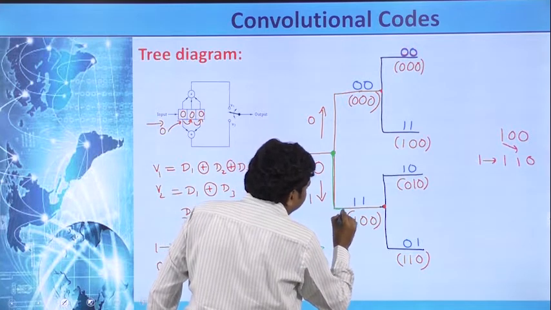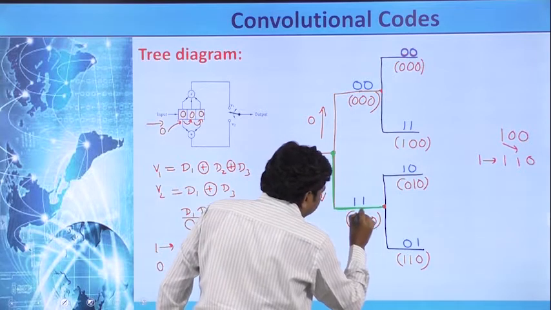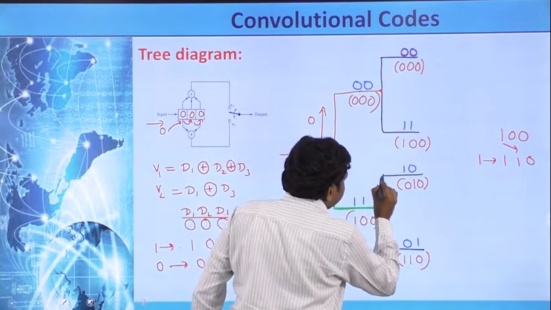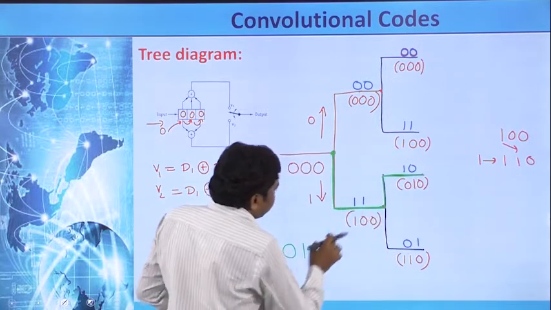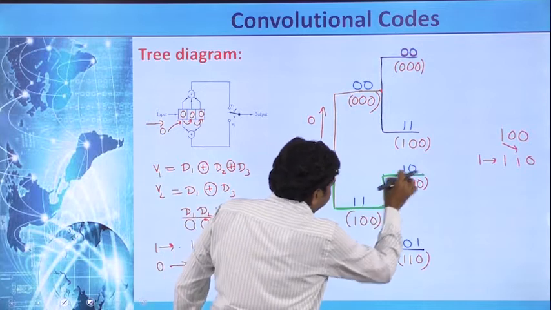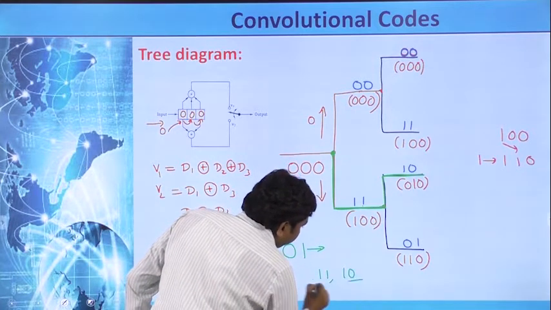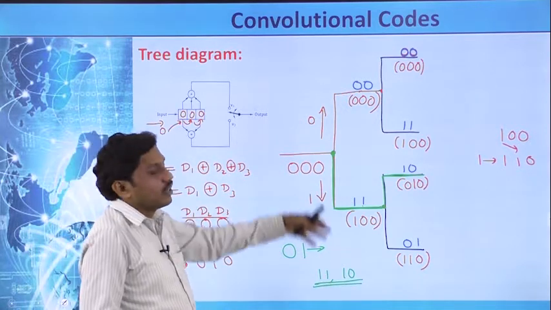Next bit is 0, so you move in the upward direction from here. So what are the output bits? It is 1 1. This one is 1 0. So the output bits are 1 1. That is how to calculate the encoded bits using the tree diagram.